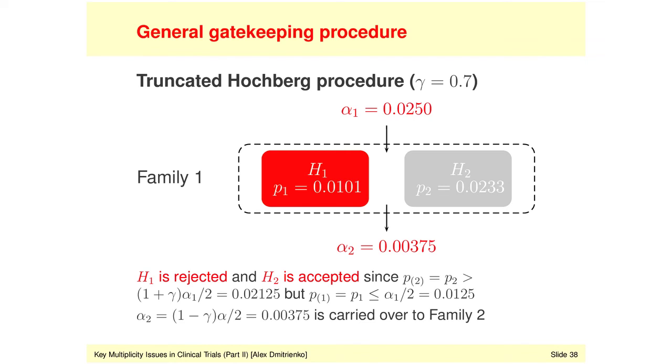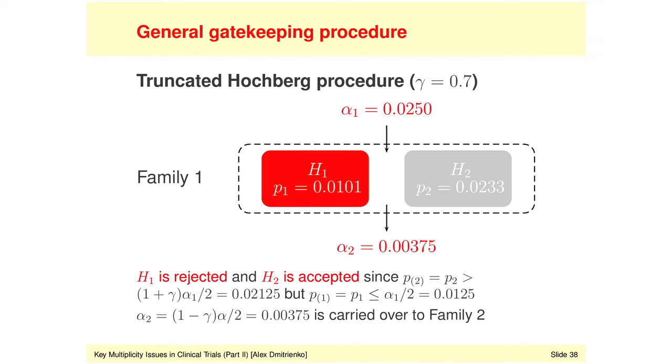Using the rules that are shown at the bottom of the slide, and this is all based on the decision rules that we defined on slide 36, it is easy to verify that with the truncated Hochberg procedure and gamma set to 0.7, the first hypothesis in this family, H1, will be rejected, but H2 cannot be rejected, it will be accepted. That means that, first of all, we're going to proceed to testing the hypothesis in the secondary family.